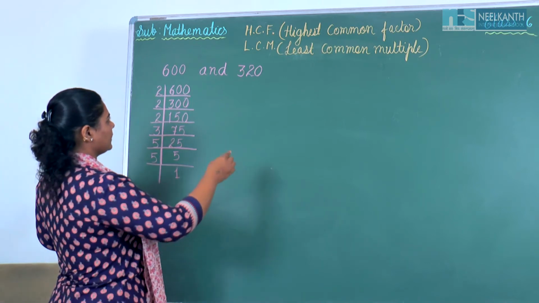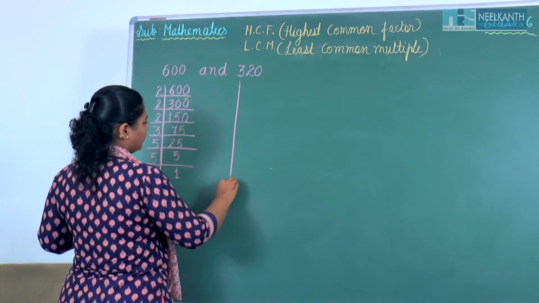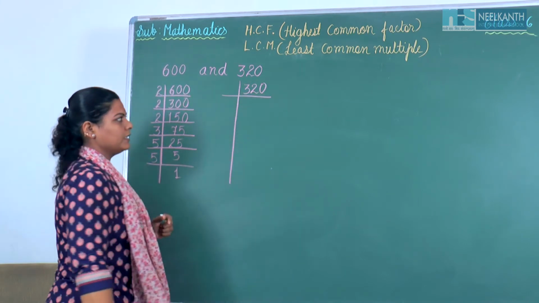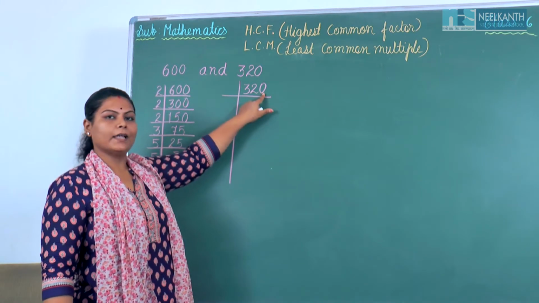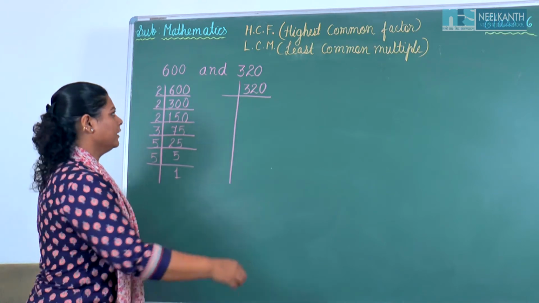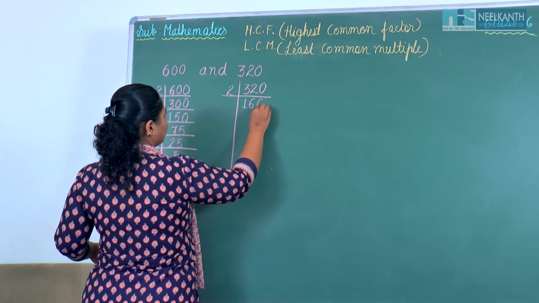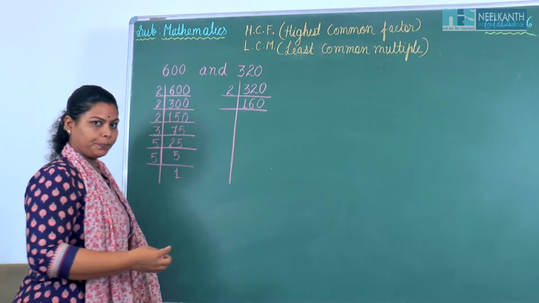Now let's check the factors of 320. We can see here that 0 is at the end, so this number is divisible by 2. If we divide 320, we will get 160.